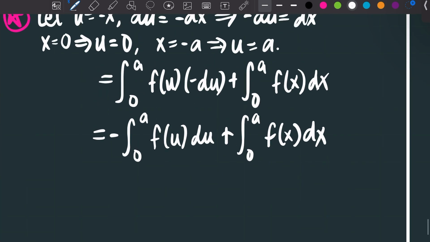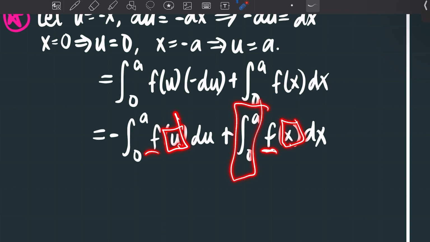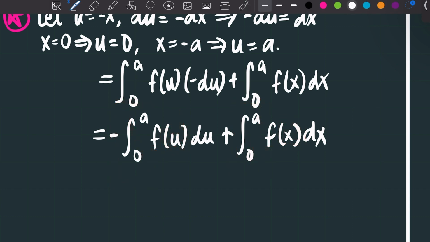And what we see here, same function f, magkaiba lang yung variable, x to, this is u, but we have the same bounds. So yung u acts once again as a dummy variable.